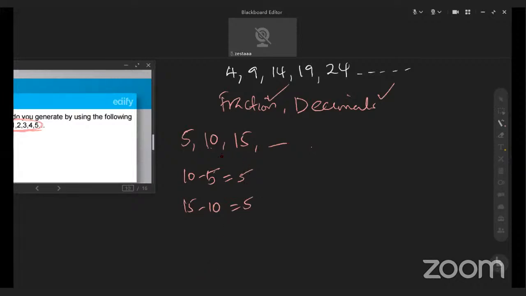So every number is increasing by 5, meaning the next one is 15 plus 5, which will be 20.